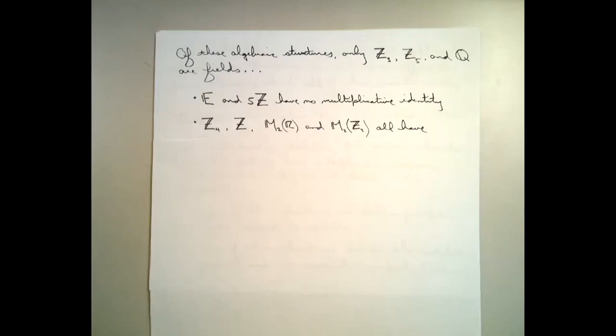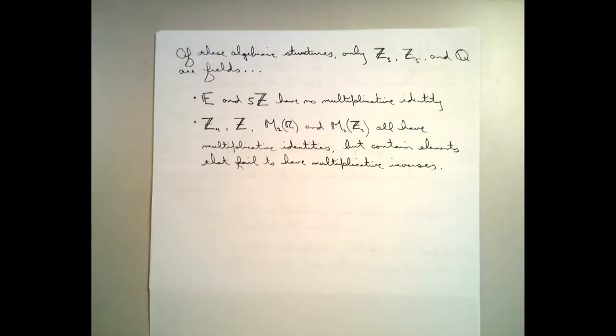Z4, Z, the integers, the matrices with real number entries, the 2 by 2 matrices with entries in Z2, well, they do all have multiplicative identities, but each of them contain elements that fail to have a multiplicative inverse.